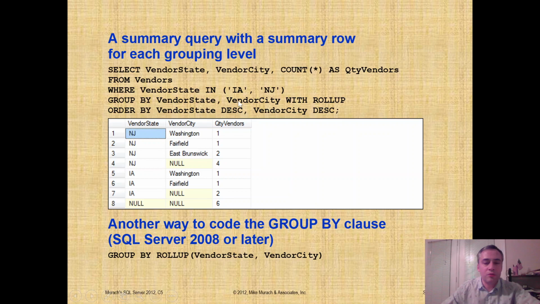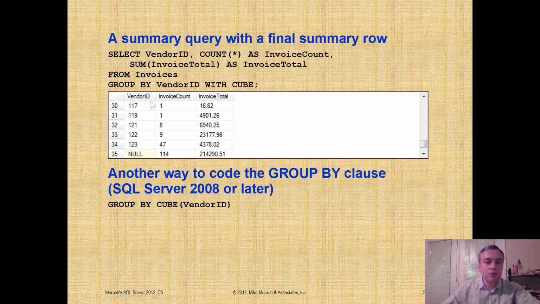You kind of read it from right to left. So the rollup was happening by cities first over here, and lastly by vendor state. In this case, we don't get the other order. For example, a rollup for a given city, Washington, and every state. That's how the rollup works. But with cube, we do get that.